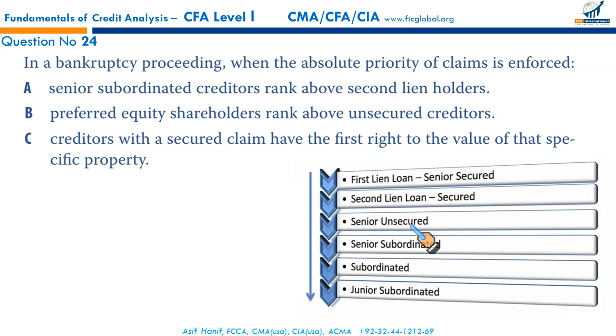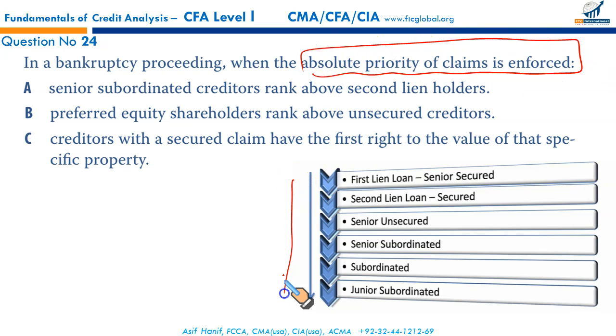Okay, in bankruptcy proceedings, when the absolute priority claim is enforced, we need to move this way. Senior subordinated creditors, which are placed right here, rank above second lien holders? Wrong. They rank lower than the second lien. This is wrong.